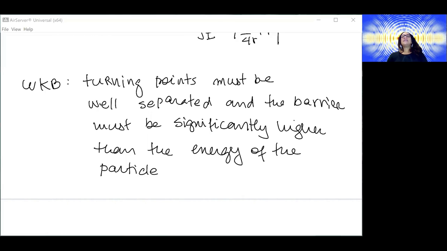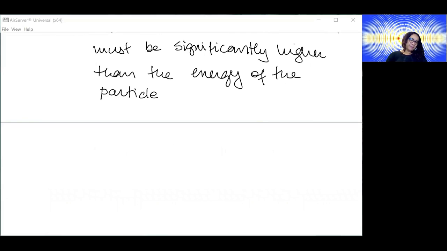Which means that in such a domain, just think about it. We have here a barrier, we have a, we have b. If we are close to the top of the barrier, these turning points get closer and closer. So we really need to guarantee that they are well separated, which means that if you calculate the integral, which is an integral of q(x') dx' going from one turning point to the other, it has to be big.